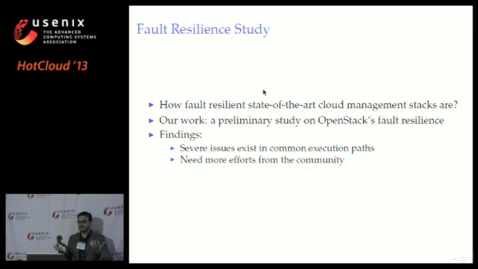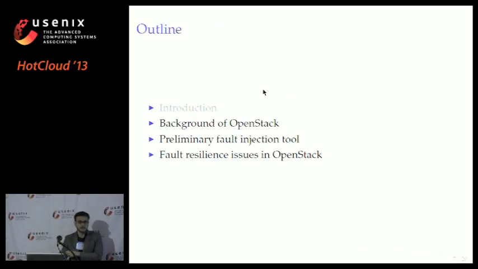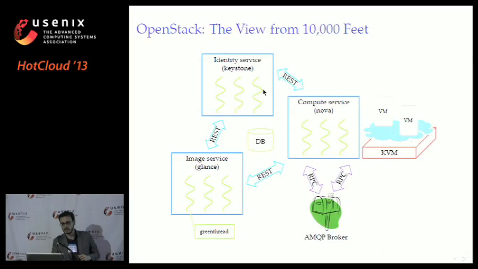Well, our finding is that there are fundamental problems in OpenStack, and I guess it would be great if we had more tools or more processes to try to overcome these and transition this software over to a more resilient system. So I'll give a brief overview of OpenStack, and then talk about a fault injection tool that we developed that's very OpenStack specific, and talk a little bit about the issues we observed.